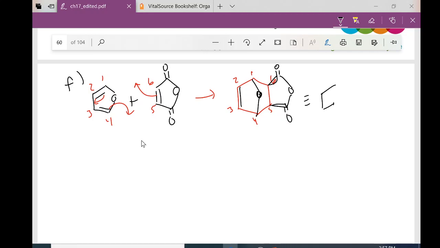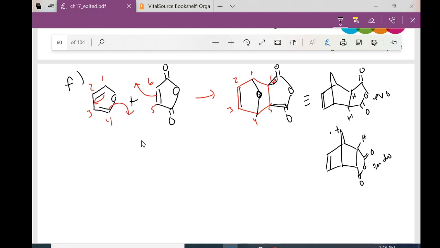It's going to look like this, where the ring could either be up, and that would be exo, or we're also going to see this isomer formed where the ring is down, and that's going to be endo.